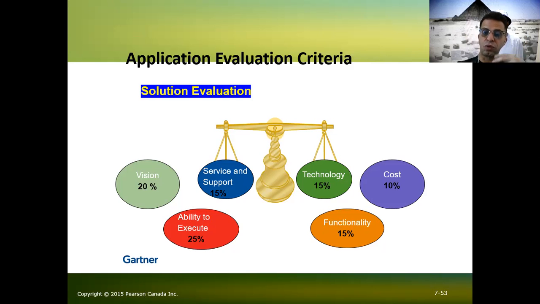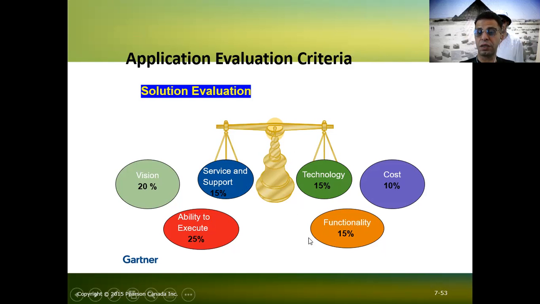According to the research they did with different companies worldwide, they found out this is how management and IT look at each solution. The technology might weigh 15% when it comes to the selection, service and support 15%.